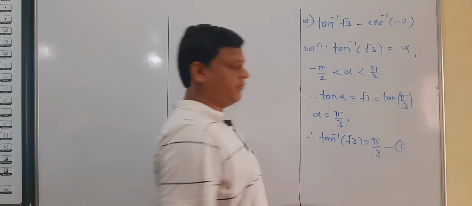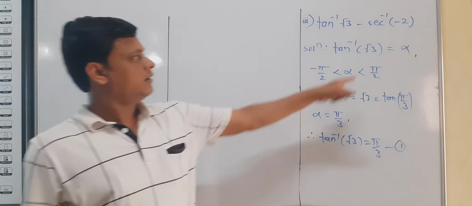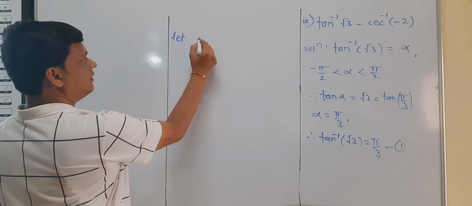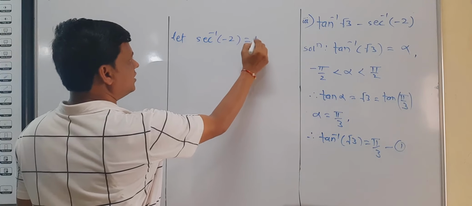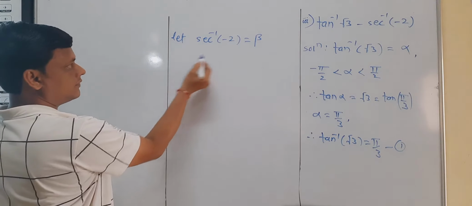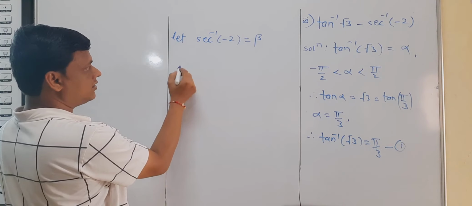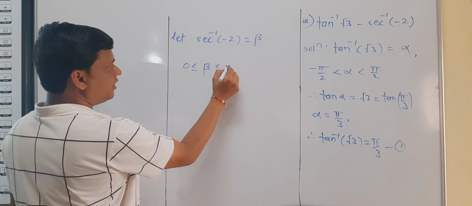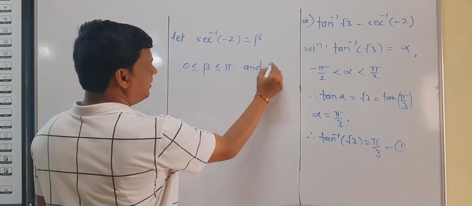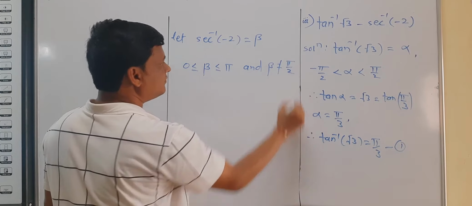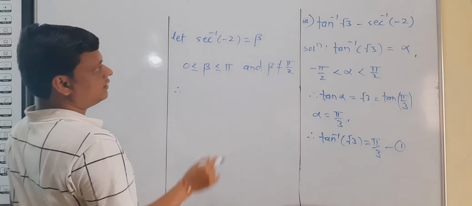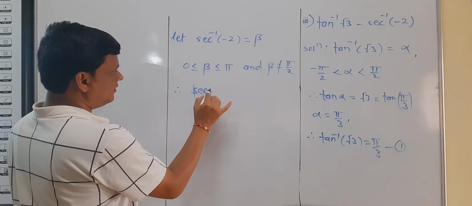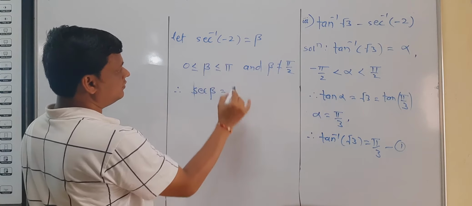Now we denote it by equation number 1. Now we find the value of sec inverse of minus 2. Let sec inverse of minus 2 be equal to beta. For sec inverse the condition is 0 less than or equal to beta less than or equal to pi, and beta not equal to pi by 2.